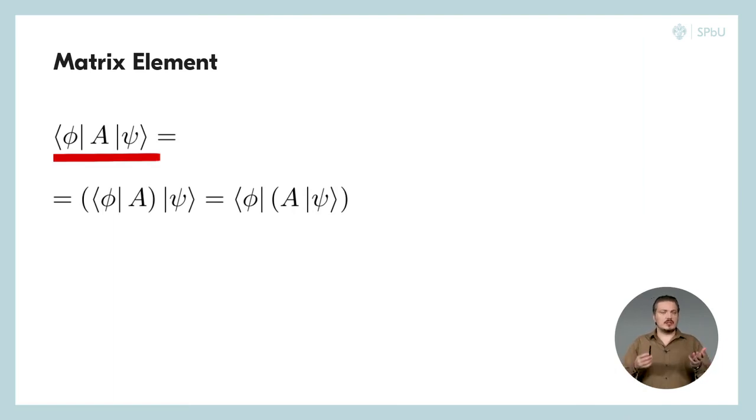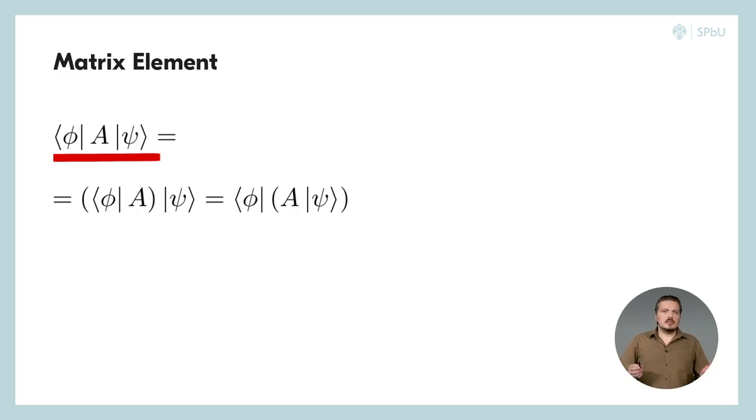This thing here is called the matrix element of A, corresponding to the vectors phi and psi. This name comes from a simple observation. If instead of phi and psi you take the vectors of the orthonormal basis with all zeros except one place, i and j, for example, then this expression will give you the component of the matrix A on the row i and column j.